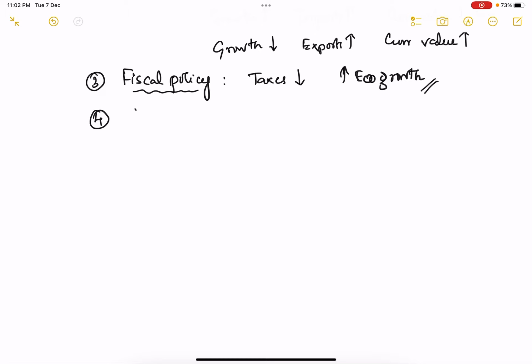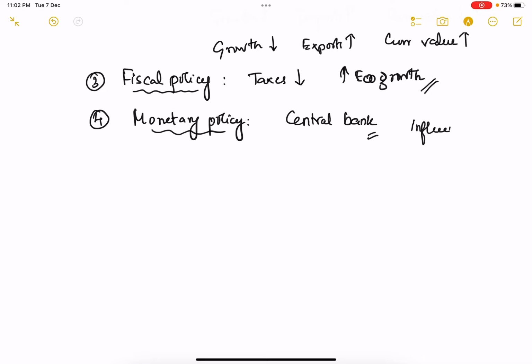The fourth reason is monetary policy. Here the central bank comes into the picture. The central bank attempts to influence and control interest rate and money supply.